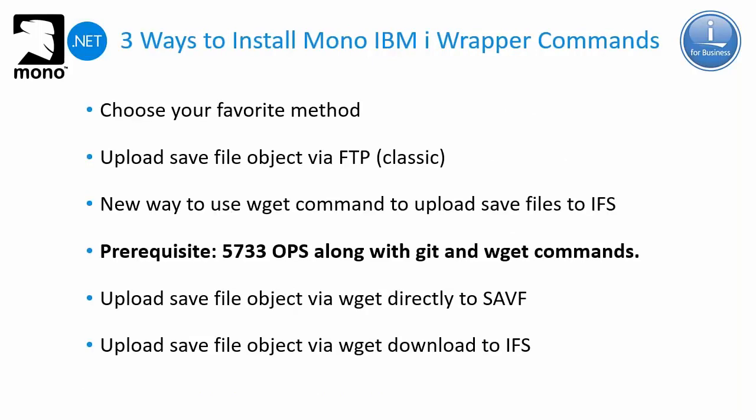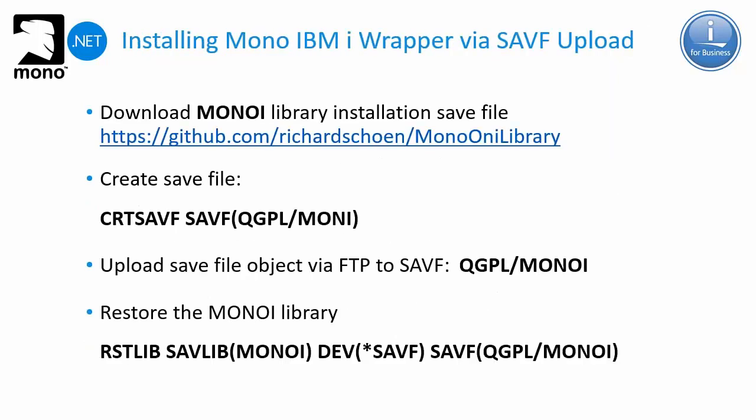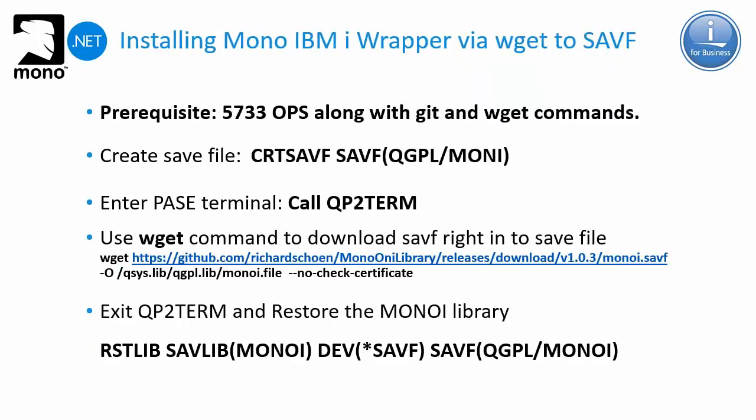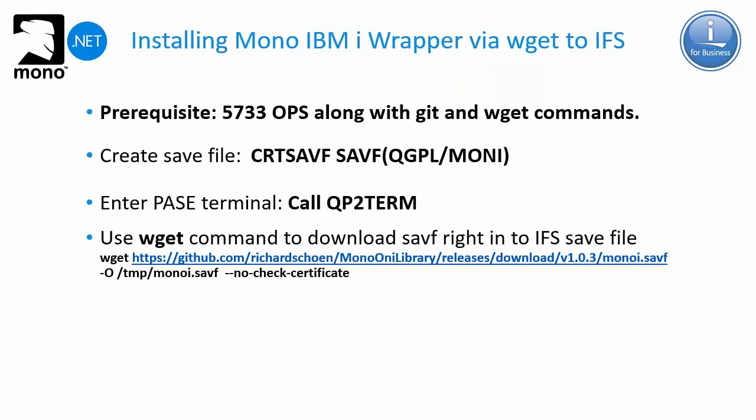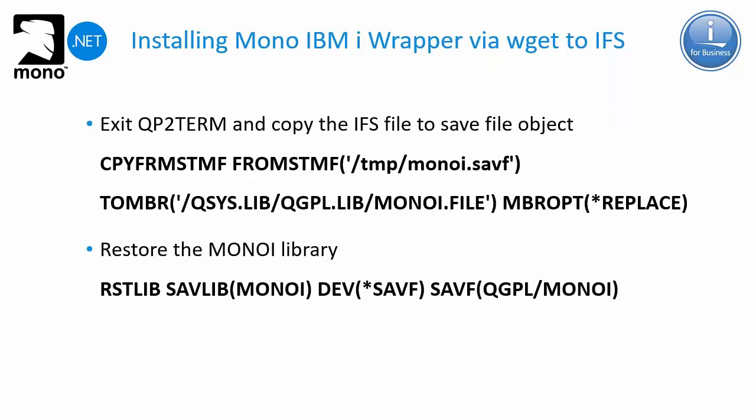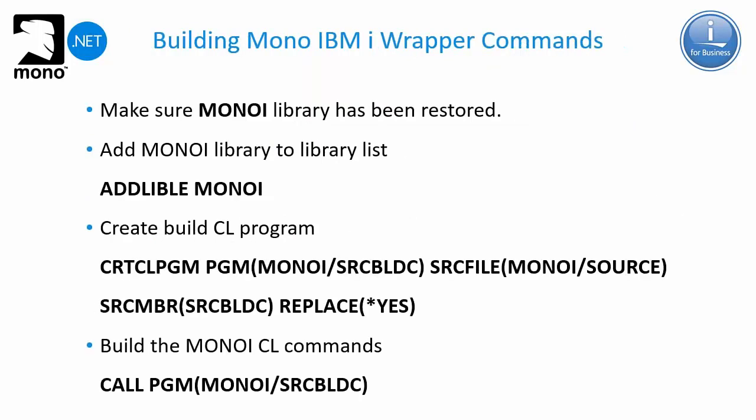The mono wrapper commands. Again, I'm not going to waste a whole lot of time on that. Same thing, I can upload with FTP. I can use wget to pull those down, and I can also do the download and then copy from stream file if I want to as well. After it's downloaded, source only, because I tend to try and put just source on GitHub rather than compiled objects.